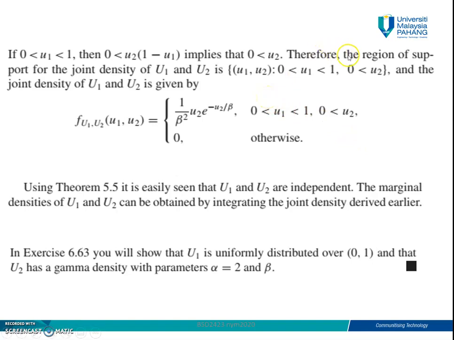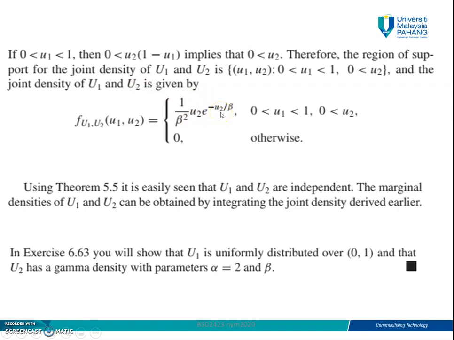Therefore, the region of support for the joint density function of u1 and u2 is: u1 is between 0 and 1, and u2 is greater than 0. And the joint density of u1 and u2 is given by this one.